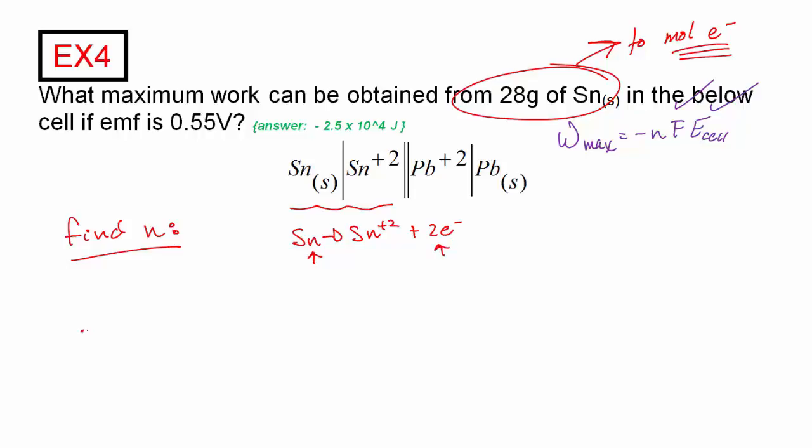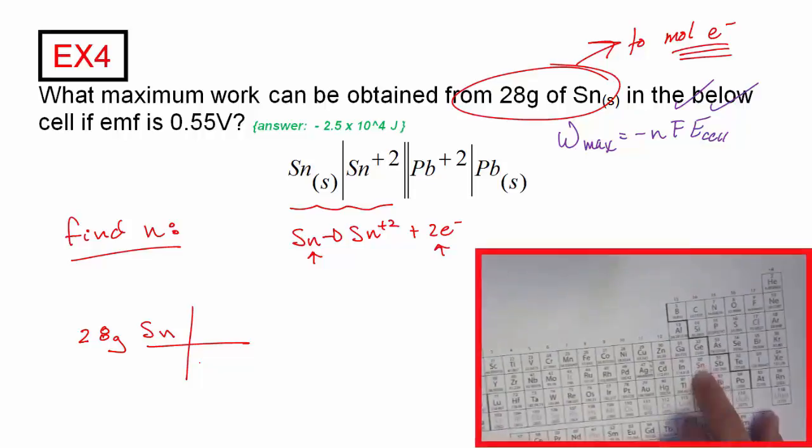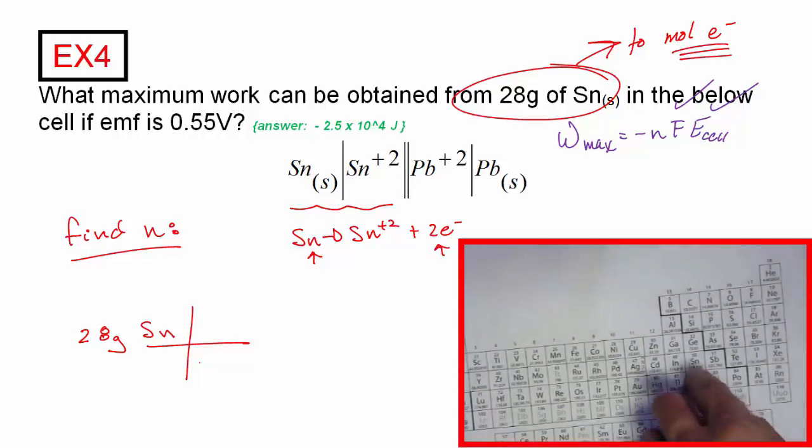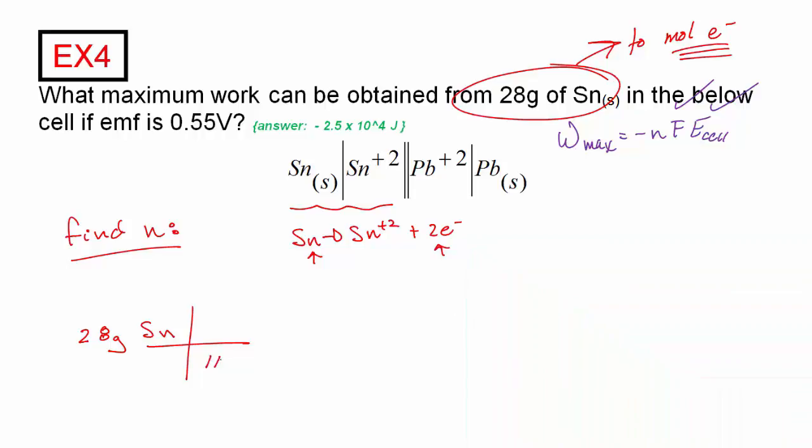Start with the 28 grams of tin. What's my molar mass? Tin is about 118.71. According to my mole bridge, I've got 1 mole of tin for every 2 moles of electrons.